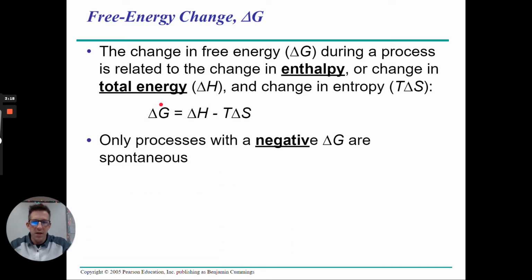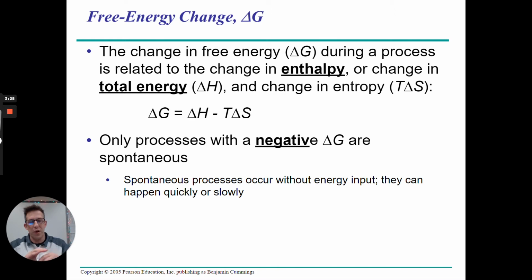Okay. What we really need to worry about is that only processes with a negative change in Gibbs free energy are spontaneous. Spontaneous processes occur without energy input, and these are the ones that scientists want to understand, because when you have these chemical reactions that occur without energy input, energy will be released in these processes.